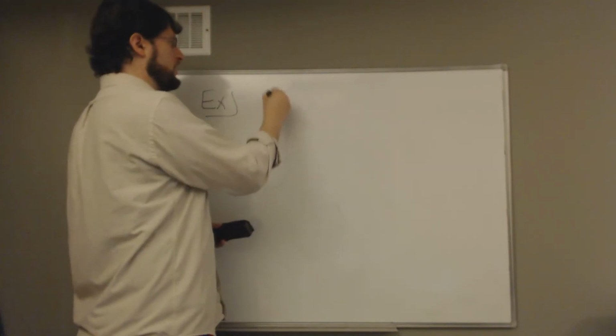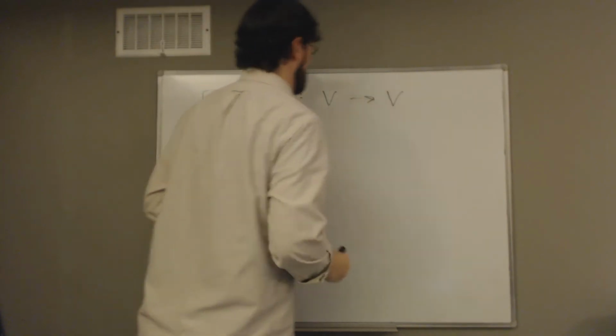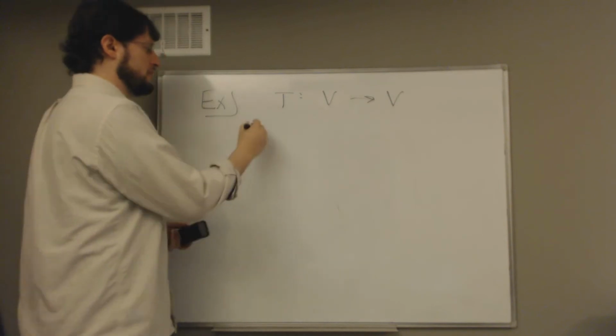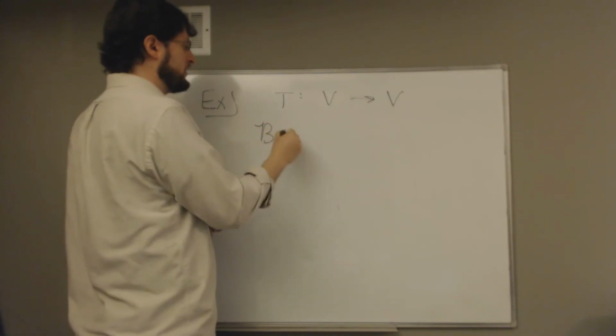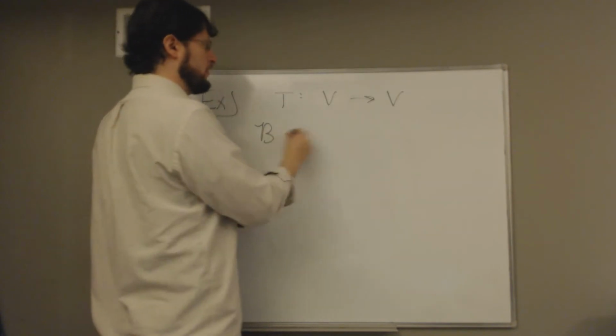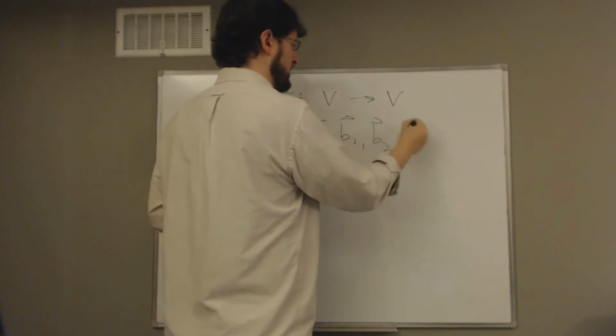suppose that T is a linear transformation from V to V. It's from a vector space to the same vector space. Suppose that a basis for the vector space V is B1, B2, B3.